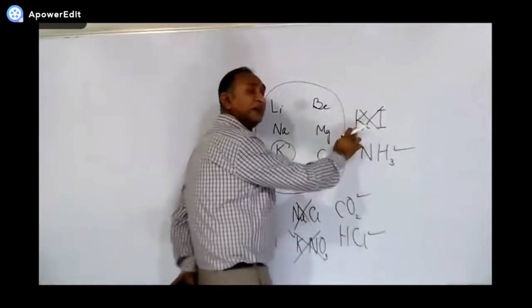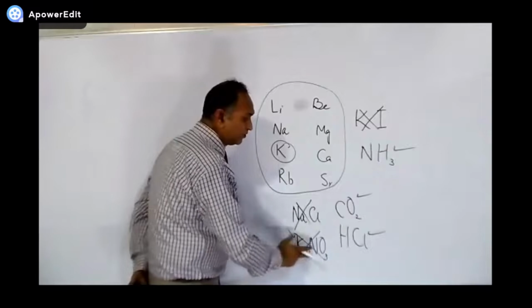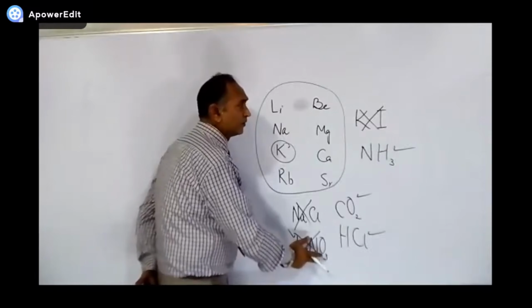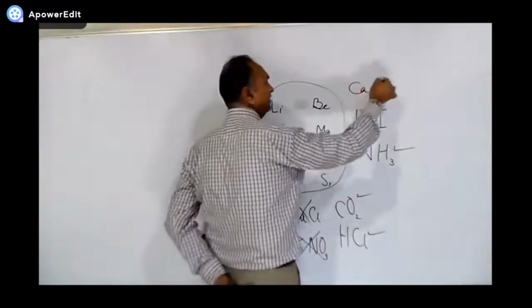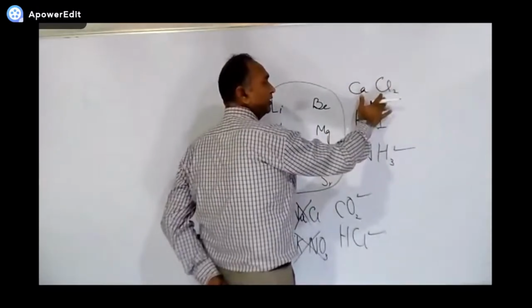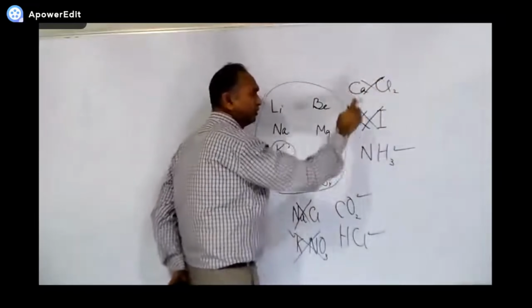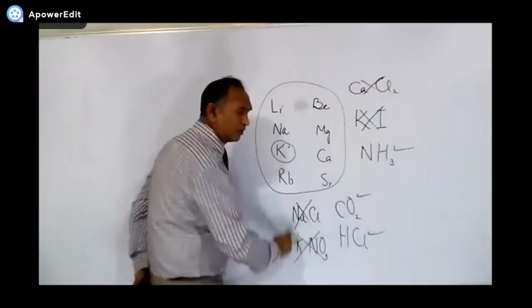Like this one is an ionic compound. Like KNO3, it's an ionic compound. Like CaCl2, it's an ionic compound. All right, it's not a molecule.